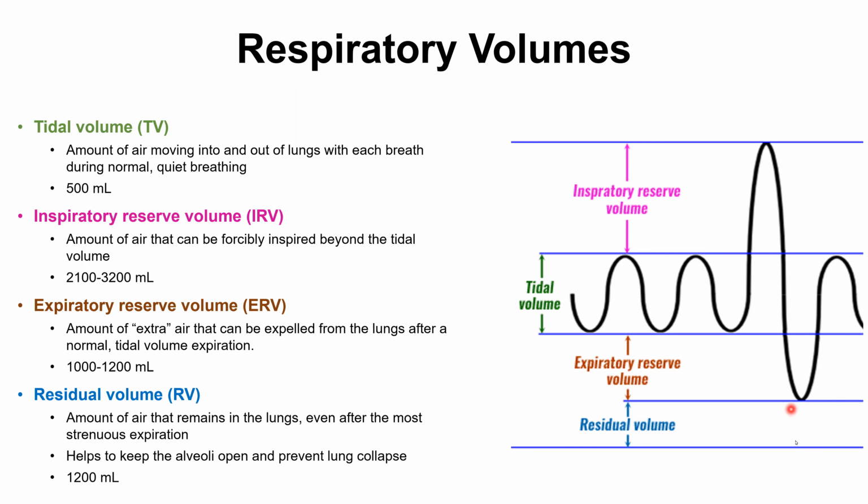And this air that's remaining in the lungs, the residual volume, helps to keep the alveoli open and also helps to keep the lungs from collapsing. And so at any given point in time, you have about 1,200 milliliters of air remaining in your lungs so that the lungs can remain inflated.